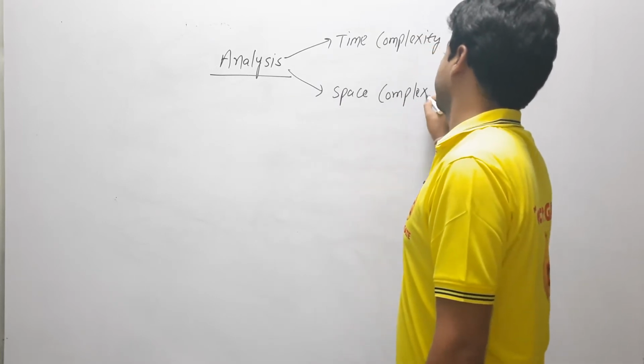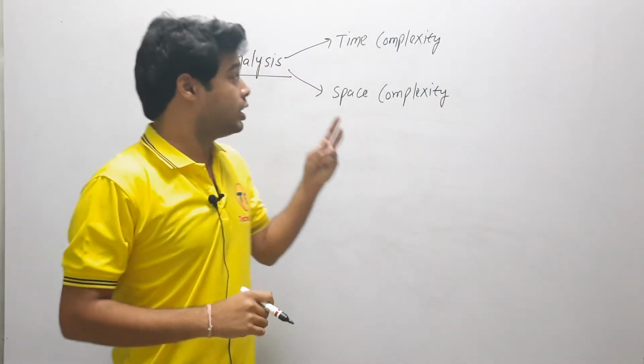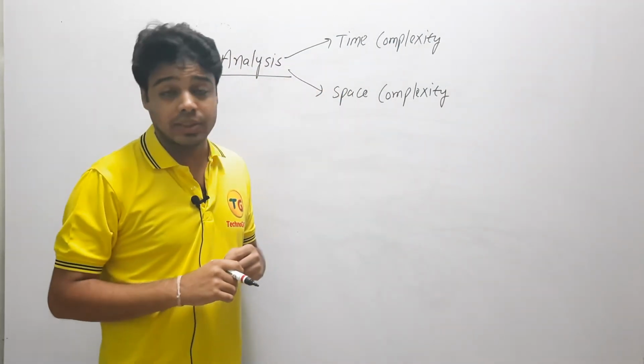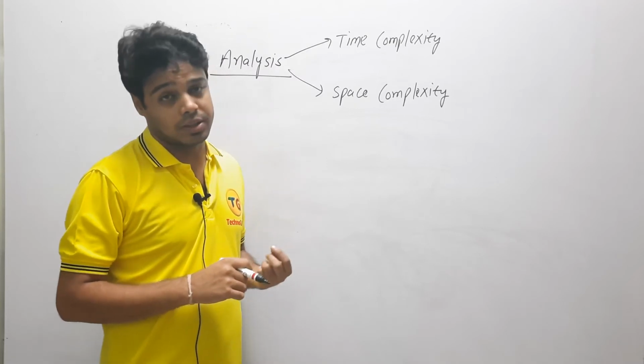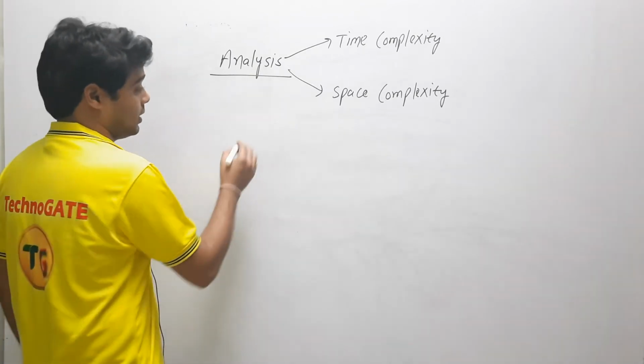Time and space. Through these two analyses, we have to decide which algorithm is best, which is worst, or which is average. Here, first of all, we decide the time complexity.